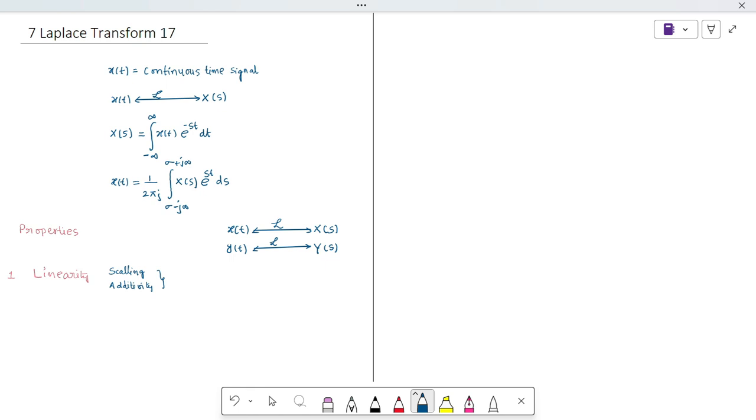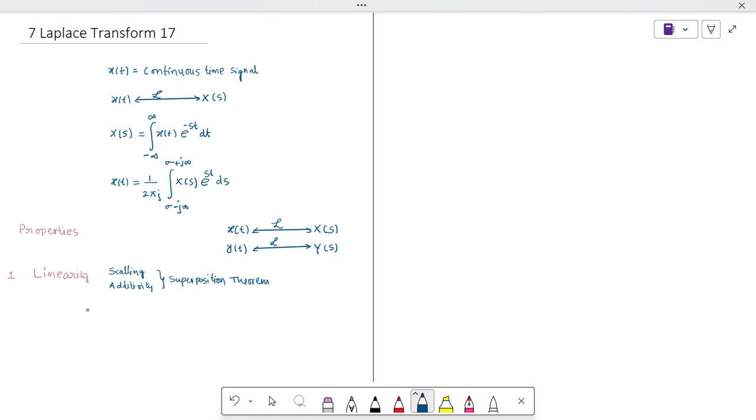These two are also known as the superposition theorem. So superposition or linearity, both are the same.